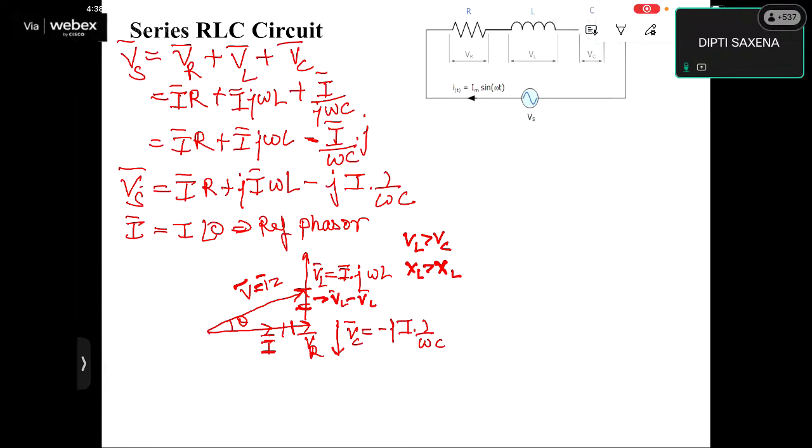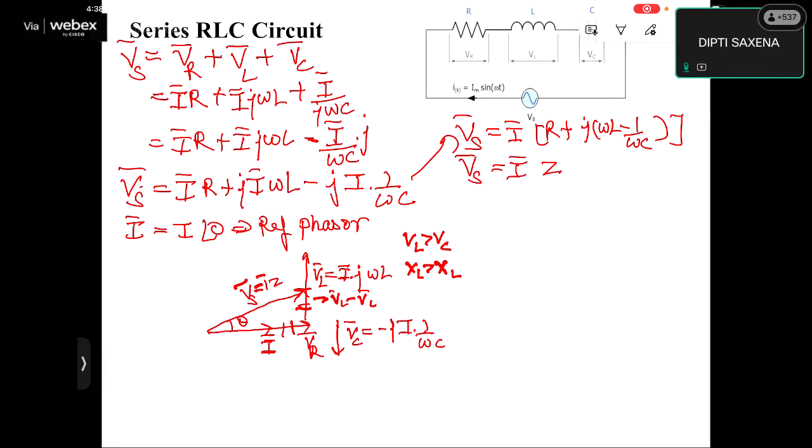So if I say Vs is equal to I into R plus j omega L minus 1 upon omega C. Now, if I compare the expression, Vs should be equal to I into Z. Yes or no? So, Z for an RLC circuit will be equal to R plus j omega L minus 1 upon omega C.